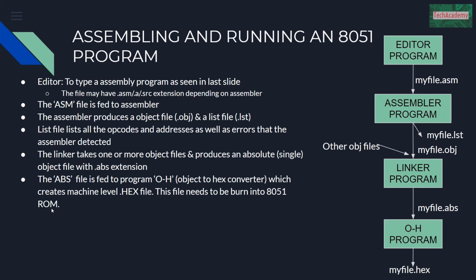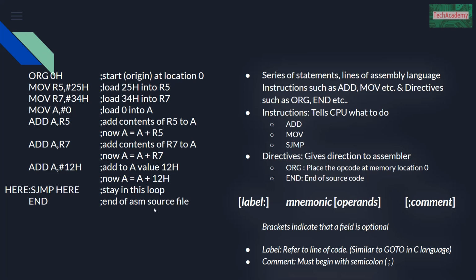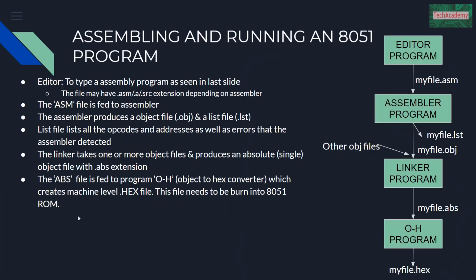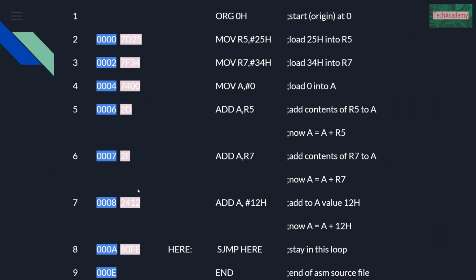We need to flash this file into 8051 ROM in order to execute our 8051 program. So when we want to execute this program in 8051, the corresponding hex file we need to flash or burn into 8051 ROM. Okay, so this is the .lst file which I was talking about.